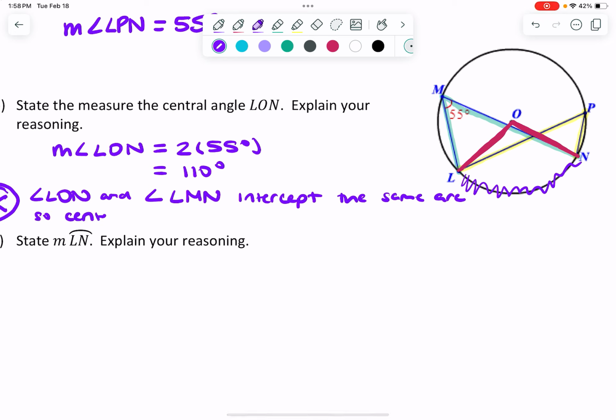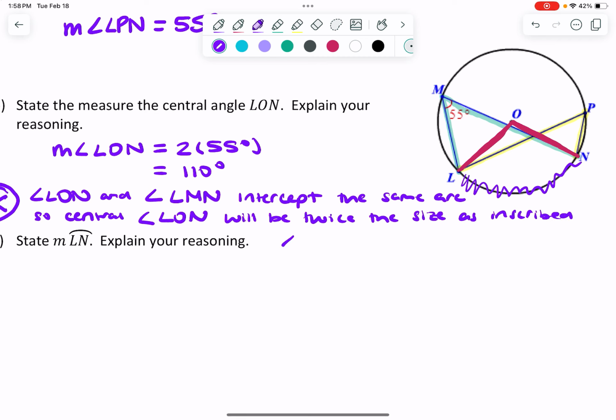So central angle LON will be twice the size as inscribed angle LMN.